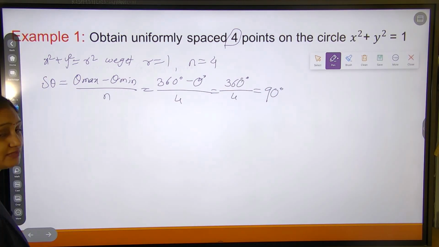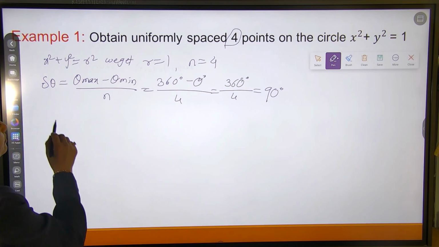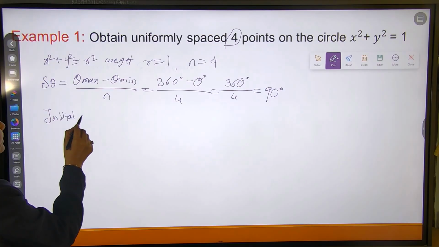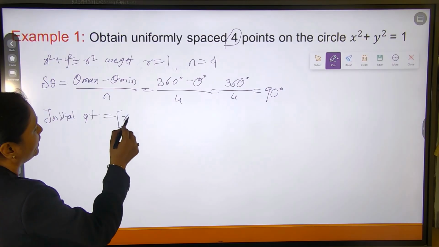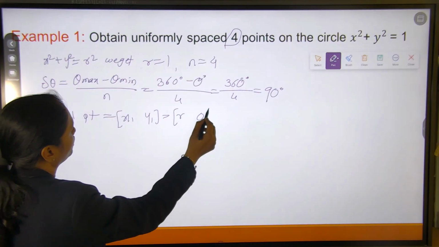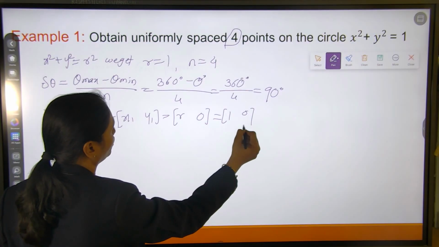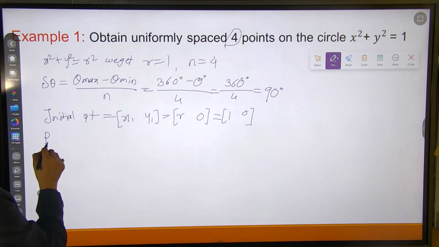That means the points are equally spaced by the angle 90 degree. Then the initial point. As the circle is closed, we have initial point x1, y1 is equal to r, 0. Now r is 1, so the initial point is 1, 0.